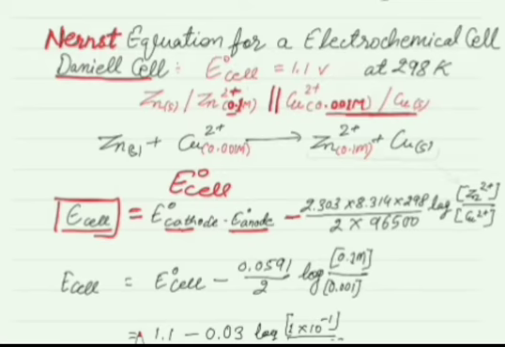Minus 2.303 into the value of R and the value of T, and this is the value of n and this is the value of F, R, T, n, F, right?